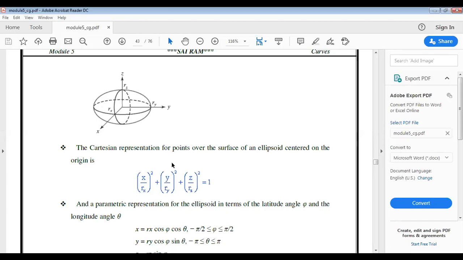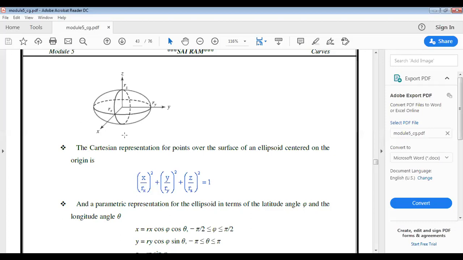That means the radius changes along the x-axis, along the y-axis, and along the z-axis. You can clearly imagine a rugby ball. If you imagine it clearly, you get clarity on the difference between ellipse and sphere. That is why you represent an ellipse by three radii: along the x-axis, the y-axis, and the z-axis.